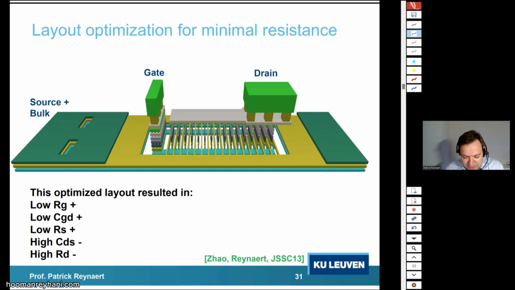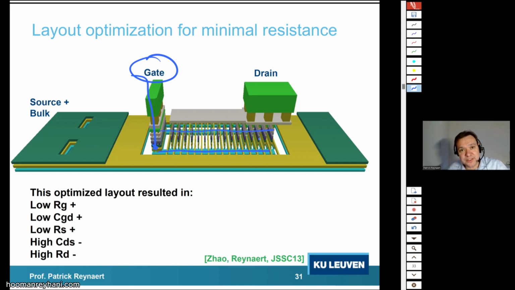We have done an exercise where we connect the gates on both sides or single sides, and above 60 gigahertz, the difference is marginal whether you connect it on both sides or not. Anyhow, here we have a very successful layout that you use in many designs. The gate is over here, goes down, and then you have a strip on the left and a strip on the right.